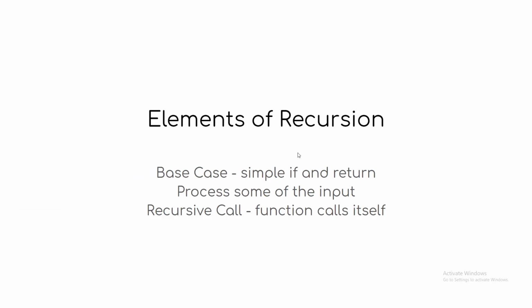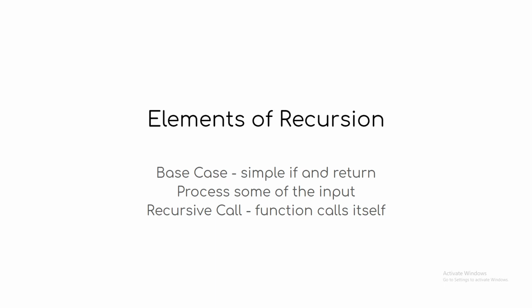Okay? So let's talk about the elements of recursion. If you take nothing at all from this video, please take this. Memorize this. Here are the elements of recursion. You're always going to have a base case. It's usually a simple if and a return statement. The base case is: what is the easiest case of this problem that I'm being asked to solve?